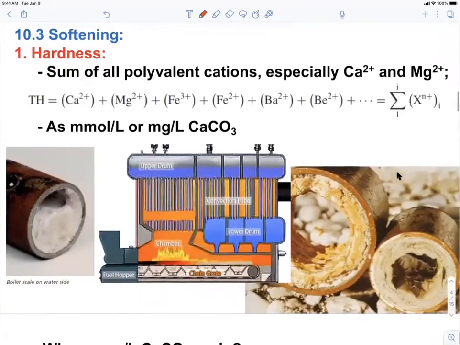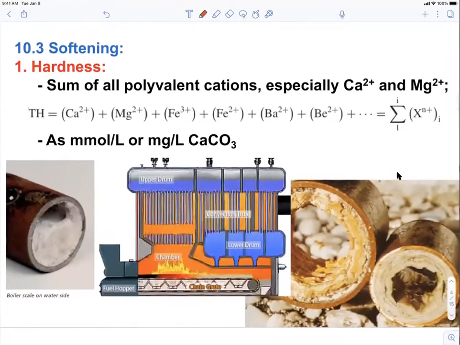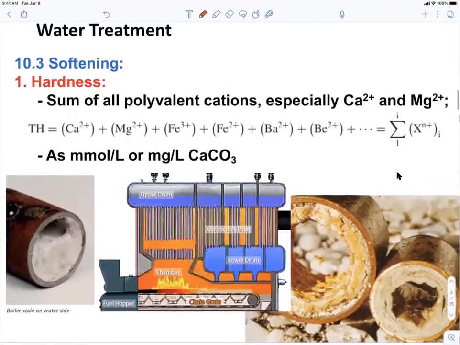So last class, we generally went over the problem of the hardness. So basically, people have to determine what is the hardness of the water before they're distributed to the household. So just imagine if the hardness is too high, then for example, during the summer, it's very easy to form these solids because they're not stable under higher temperature, right?